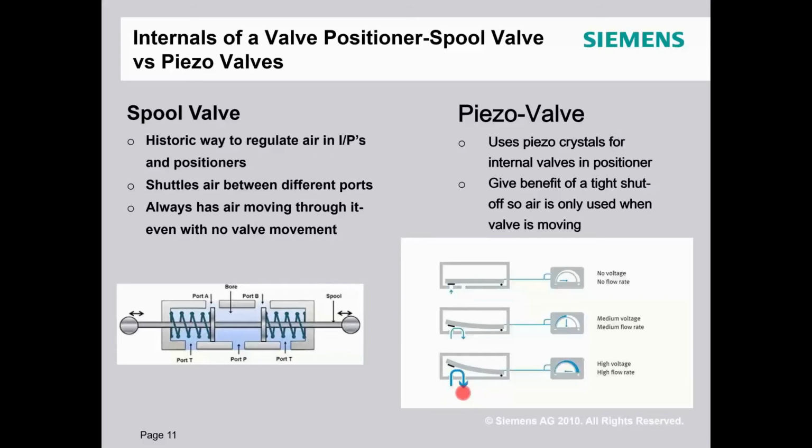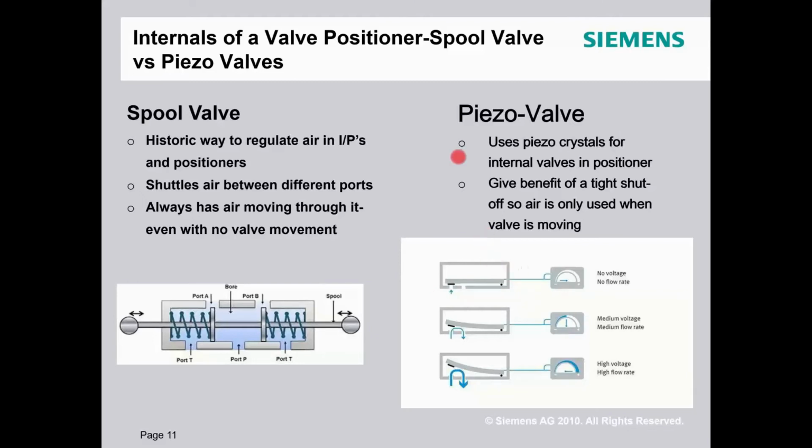One of the big benefits of it is when it is closed, it is a tight shutoff. It's a no bleed shutoff. So when you use this style of valve inside of the positioner, the only time the positioner actually uses any air is when the valve is actually moving. If the valve is sitting at steady state and not being stroked, there is zero bleed from a positioner that uses these piezoelectric valves.